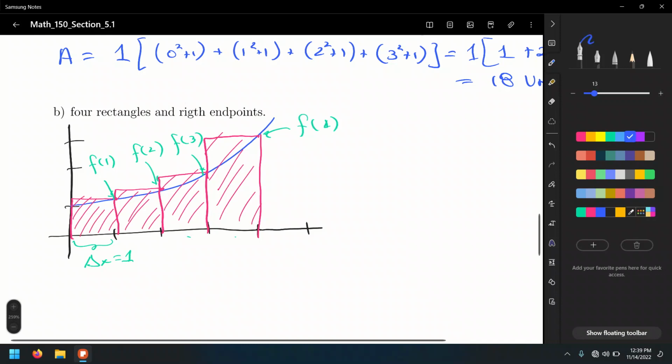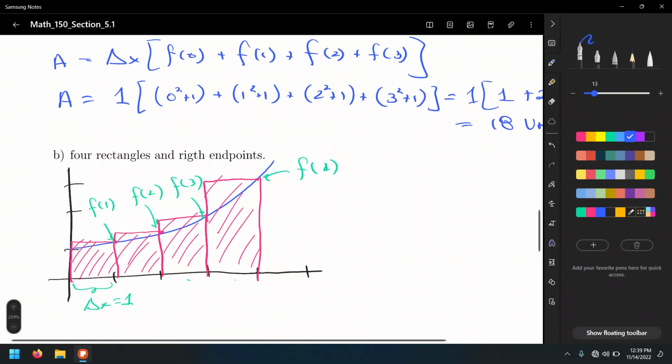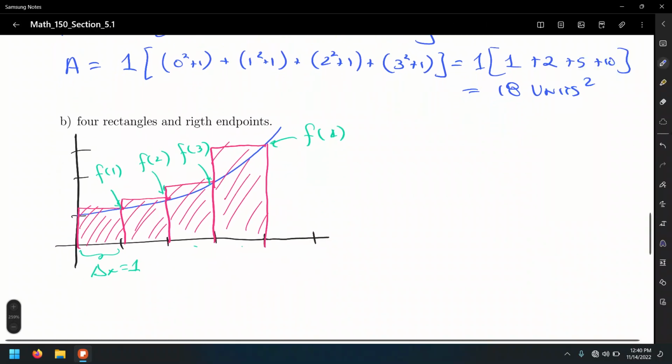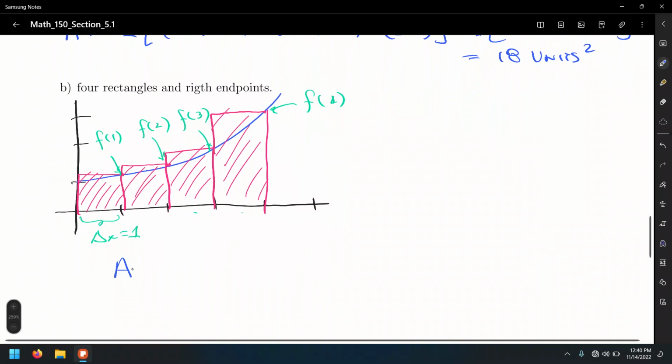Alright, finding the estimation of the area under the curve. That's delta x times f of 1 plus f of 2 plus f of 3 plus f of 4.